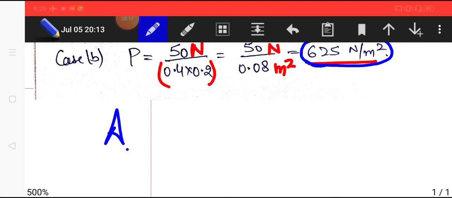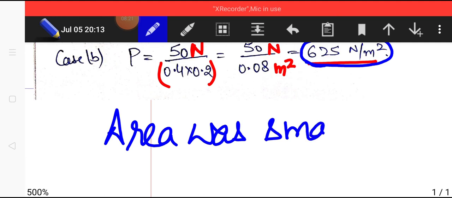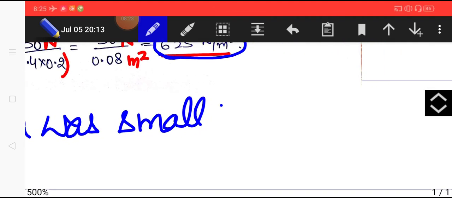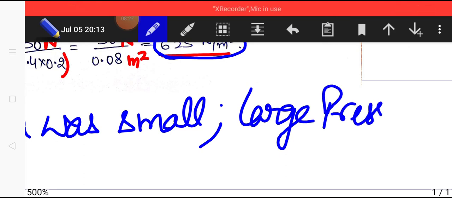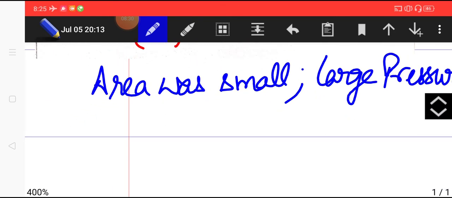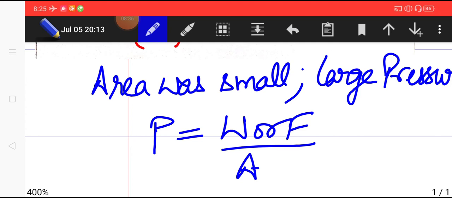When the area was small, we get the large pressure, because for calculating pressure we use the formula weight or force divided by area.